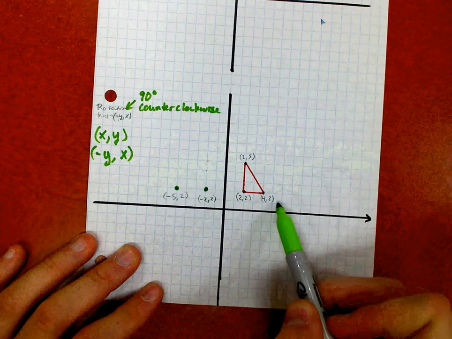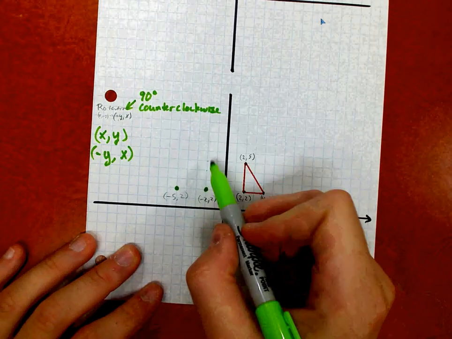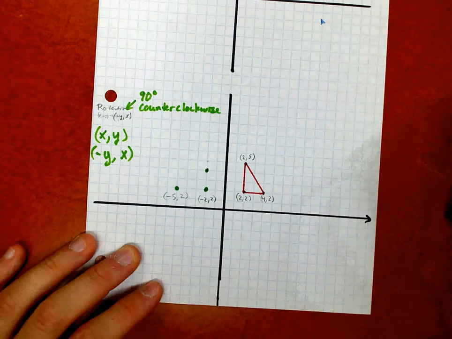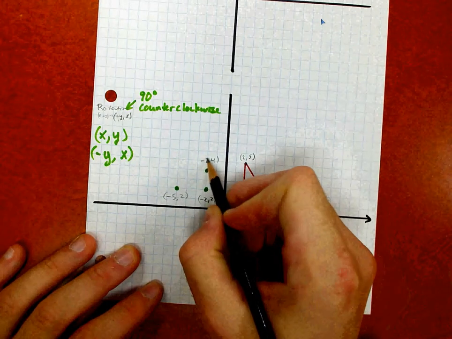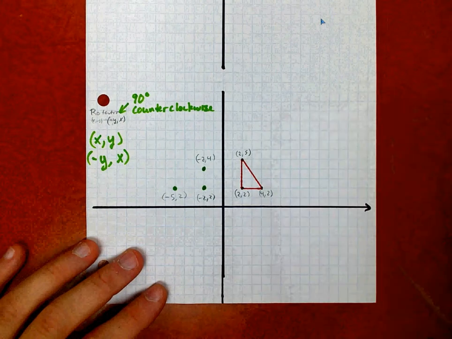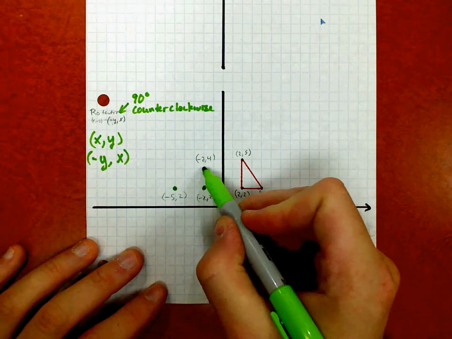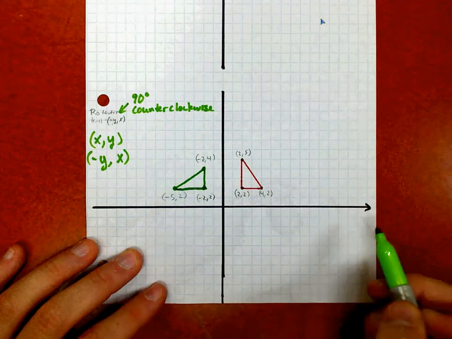And finally, 4, 2 would become negative 2, 4. And there's your 90-degree rotation around the origin.